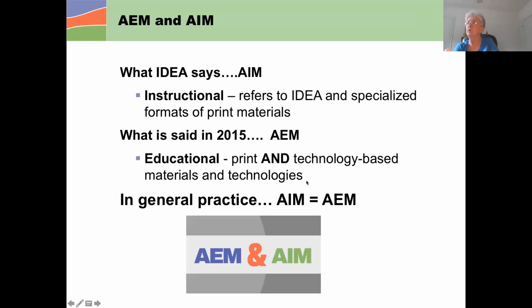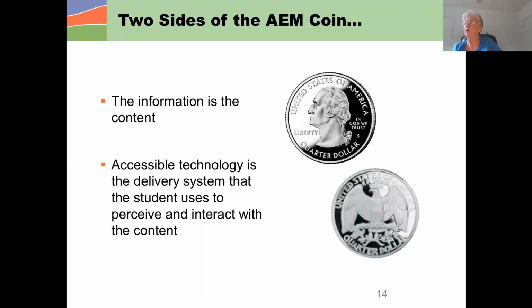So accessible educational materials means the print and technology-based materials and technologies. But in general practice, AIM is the same as AEM. You'll see both referred to very often. The technical difference aside, let's move forward knowing that in practical use they are the same thing.